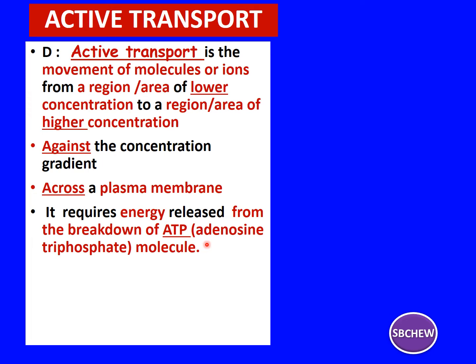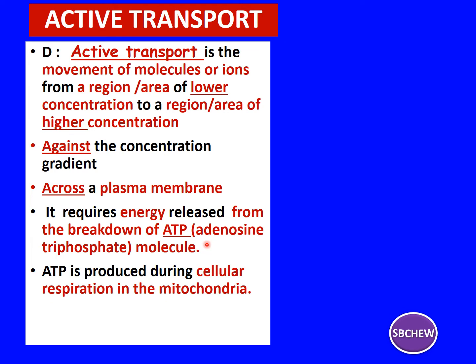This energy is then used for active transport and for muscle contraction and other activities of the cell. Now this ATP is produced during cellular respiration in the mitochondria. As we know, cellular respiration is the process whereby glucose is oxidized to release energy and also to produce water and carbon dioxide.